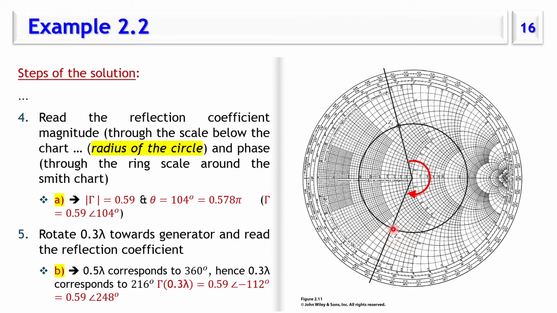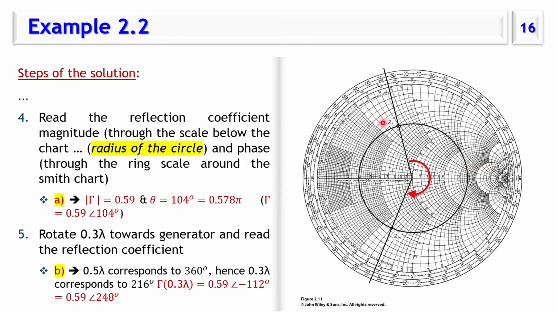So this is the input impedance, and we can also use it as the reflection coefficient at the input. The reflection coefficient at the input has the same magnitude as the reflection coefficient at the load, but the angle now, instead of 104, we just read the value here and we'll find it is minus 112.